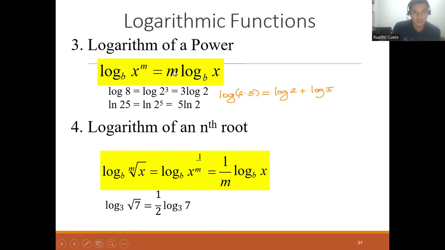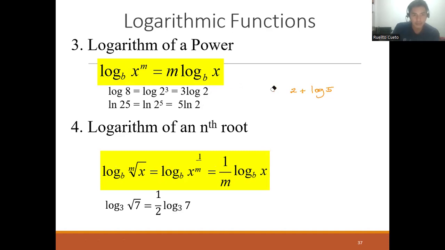Next is logarithm of a power, or power rule. Log of x raised to m to the base b is equal to m times log of x to the base b. So our example is log of 8.